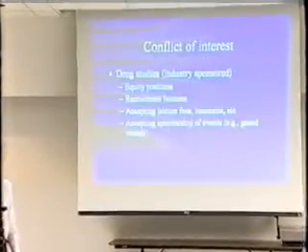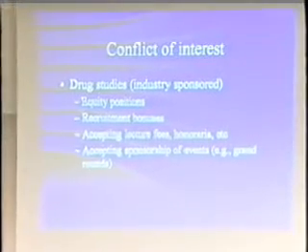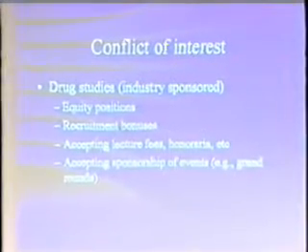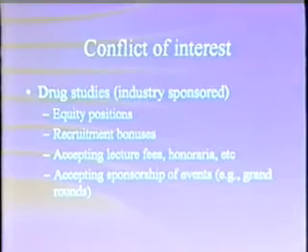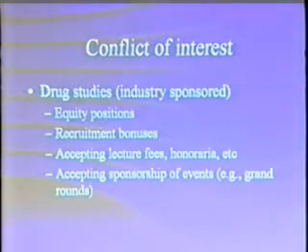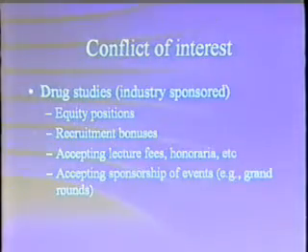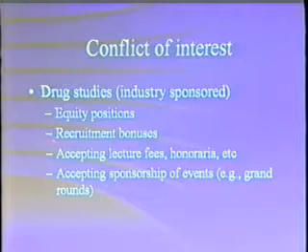Clearly, if they have an equity interest, there is the potential for them to gain financially if the clinical trial or the investigation they're carrying out turns out favorably, because that will lead ultimately, they would hope, to approval by the FDA.